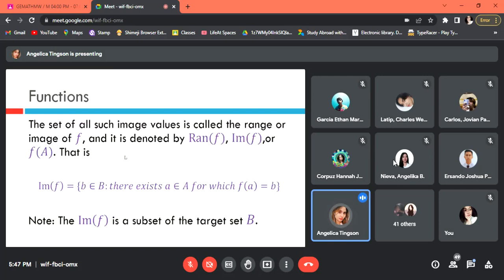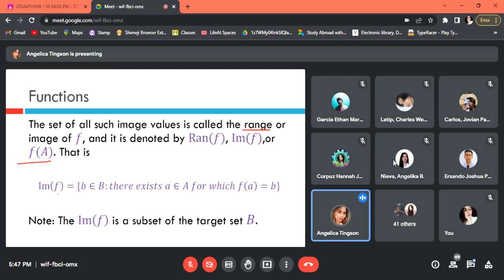Okay? So, the set of all images values is called the range. Ito yung sinasabi kong kanina. Yung target set, no? Pwede din siyang tawaging range, no? Or the image of F. So, it is denoted by range of F, or image of F, or, ito na, function of A. Okay?